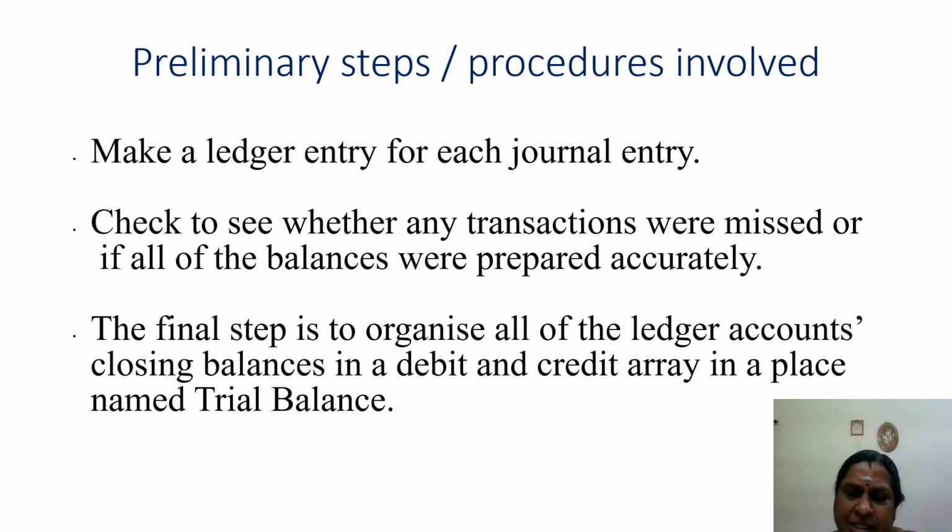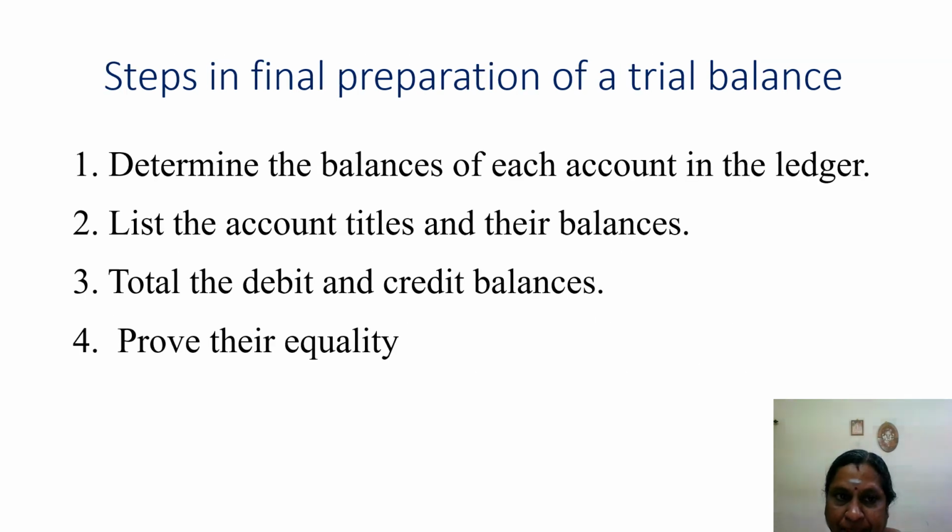And if all the balances were prepared accurately, the final step is to organize all the ledger accounts' closing balances in the debit and credit array in a place named trial balance. That is a record in a T-shaped form with particulars, debit column and credit column. Once it is totaled, the amount of debit and credit should tally.